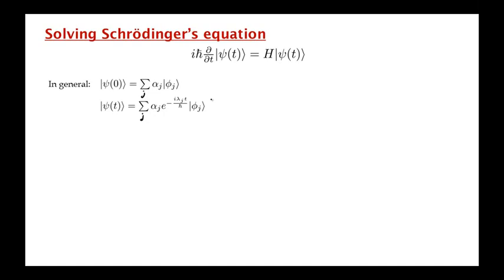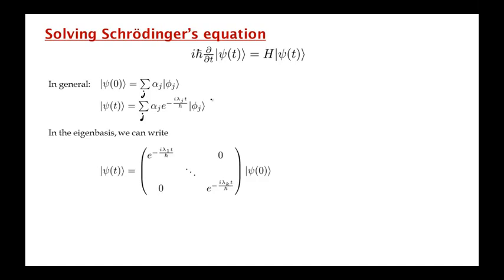So basically, each state of definite energy stays invariant in time, except it precesses. Each eigenstate is precessing at its own rate. It marches to its own drummer. Which drummer? Well, its energy. And that's the basic equation of motion in quantum mechanics.